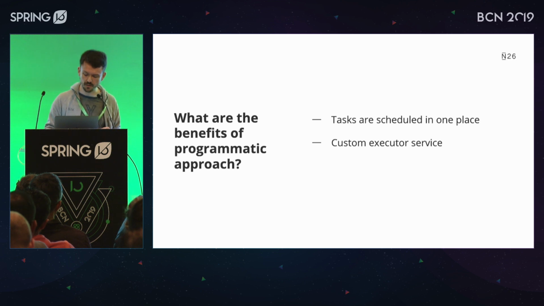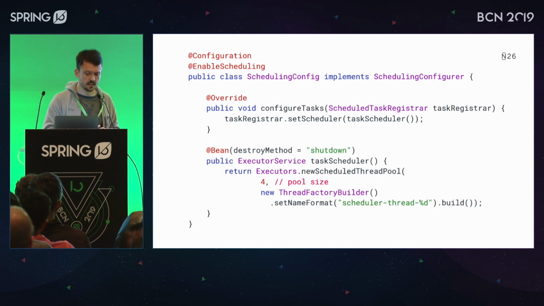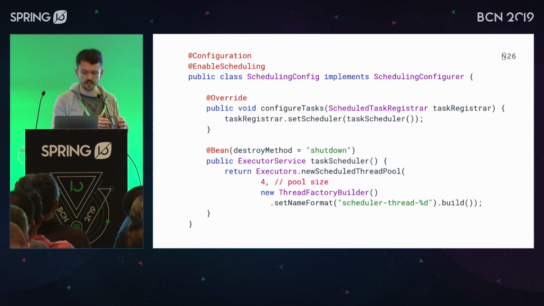Let's look how this can be implemented. So now we have this registrar again, the configure task method that we need to override. And now, instead of calling @cron on the registrar, we call setScheduler. So now we are saying, don't use the default single-threaded executor service, but use this new one that we will provide. And again, with a little bit of shuffling, we put this into a separate method, maybe also another class if someone prefers.